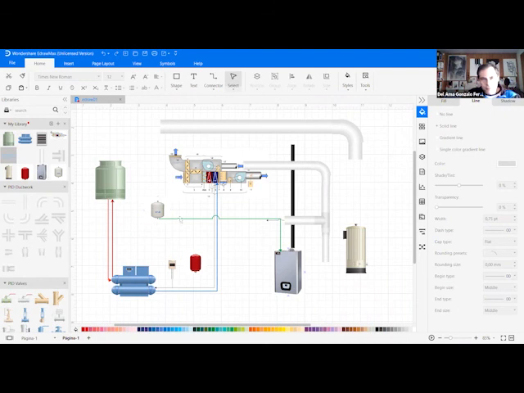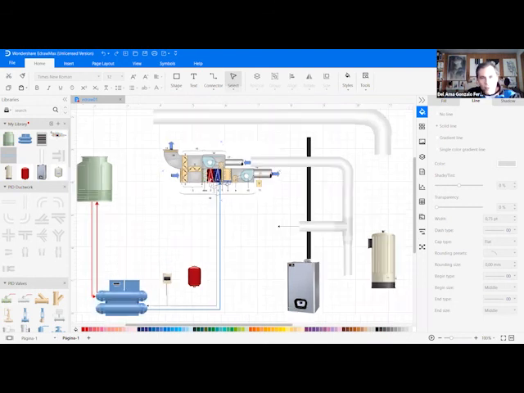If this is the gas boiler, I have connected the chiller to the refrigeration tower here, and then to the cooling coil of the air handling unit there.